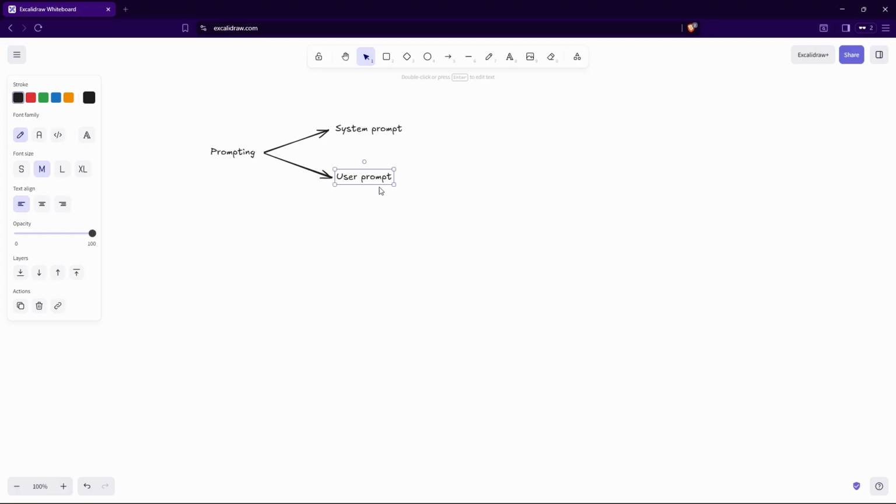But there's another type of prompt that is called a system prompt. This system prompt is normally transparent to you because it is defined by the developers that build the models and interactions with the models.